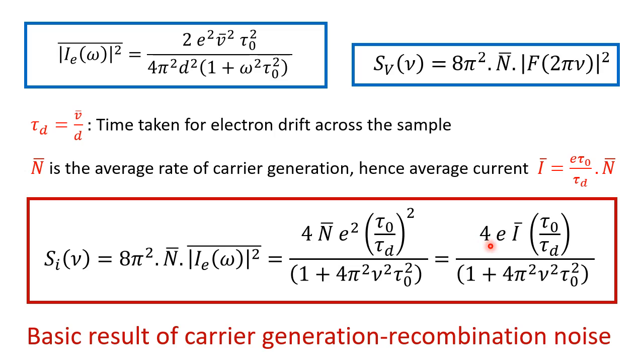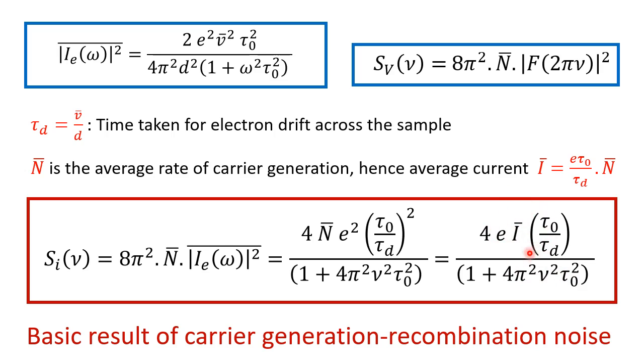So you see that clearly this is essentially the basic result of carrier generation recombination noise for the photoconductive device. Clearly the noise is shot noise kind. It has, of course, a frequency dependence, but more importantly, it depends on this DC current, average current flowing through.